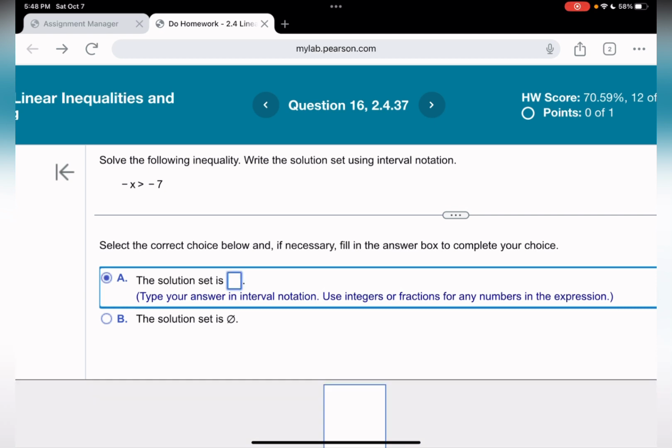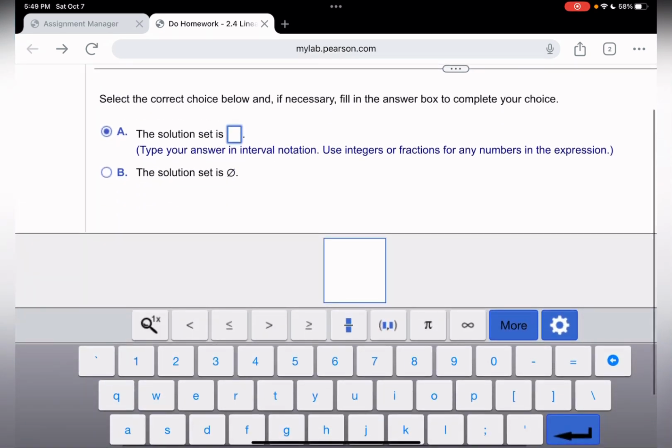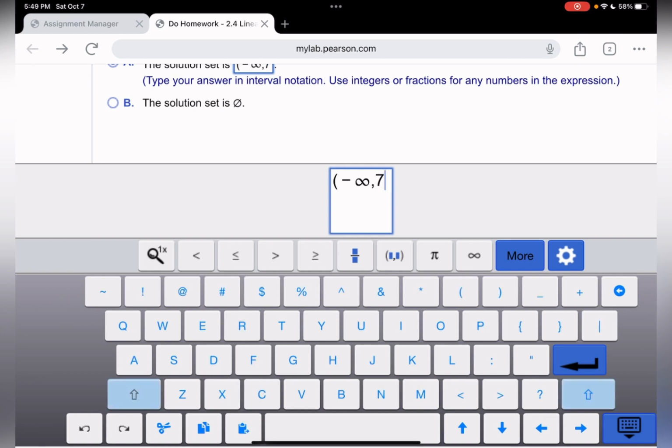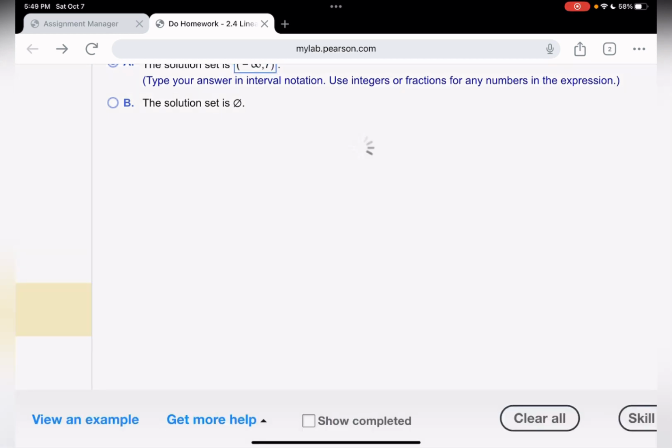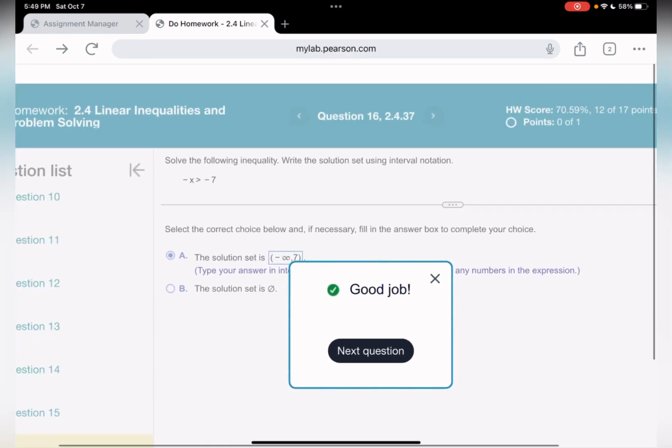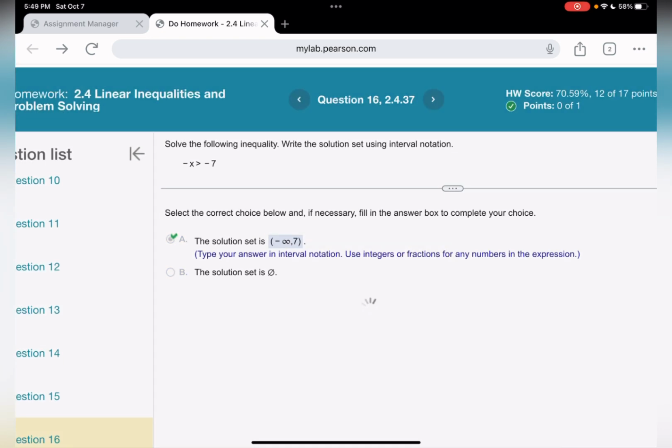So we are getting parentheses, negative infinity, comma, positive 7, parentheses, because the equal sign is missing. All right. This was number 16, and we have the last question.